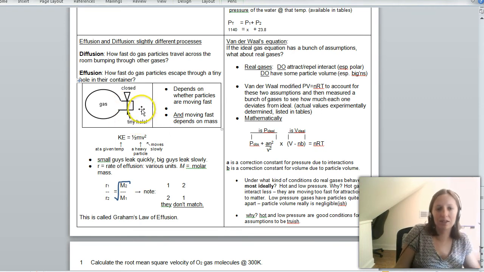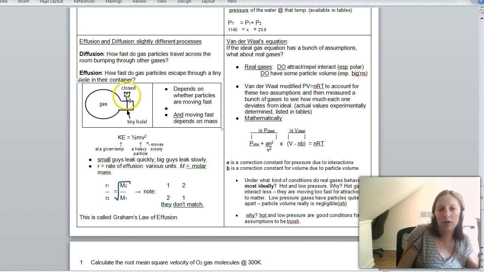So effusion is gas particles escaping through a tiny hole in their container. So for example, this is supposed to represent a flask, a glass flask with like a stopper here. And if the glass flask has a tiny hole, and it can be really tiny because helium is very small, then the gas will slowly leak out through that hole.